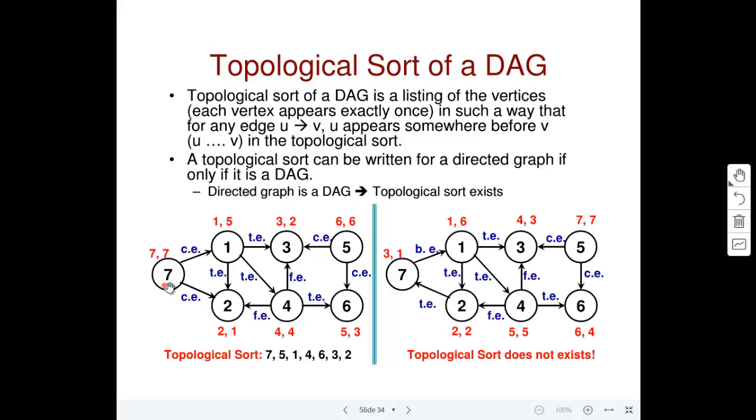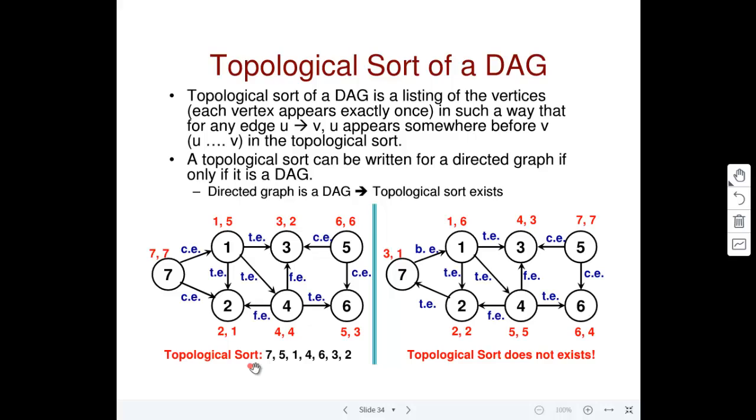In this depth first search that we ran 3 times on this graph, we did not encounter any back edge in all those 3 instances. So we can call this directed graph a directed acyclic graph. And once we decide that the graph is a directed acyclic graph, we can right away go ahead and write the topological sort of the vertices.